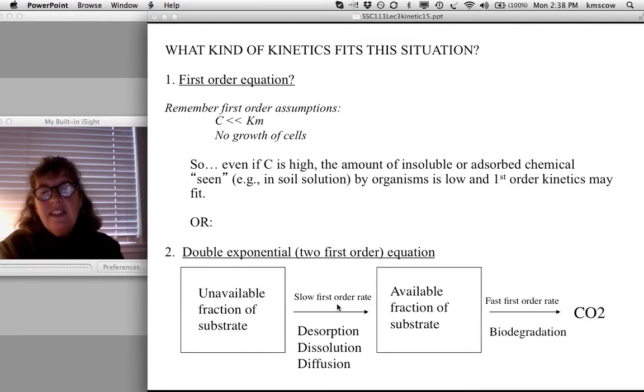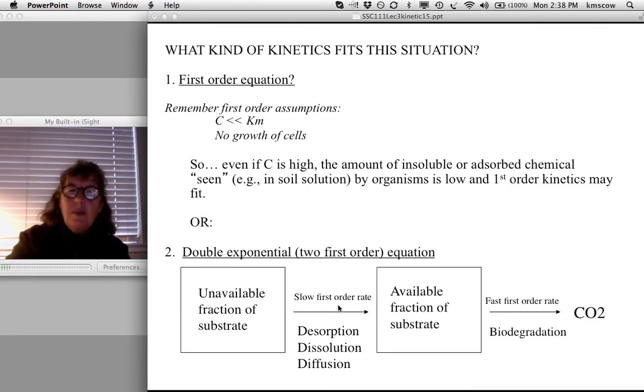But there'll be a second first order rate that's going to be quite a bit slower that will be describing the rate at which that compound that is sorbed, tied up on the surface, is desorbed or dissolved or diffuses out and restocks this available fraction of substrate that was utilized by those organisms that are happily using whatever is in solution.